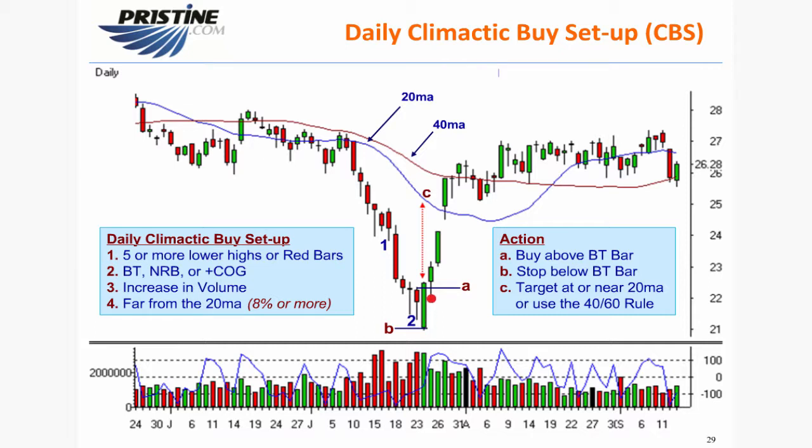But then on the next day, you could quickly move your stop up, or if you got in the following day here, you could use that bar's low as your stop. And then, of course, your target is going to be up in the area of that 20 period moving average, which we gapped up above the following day, which was very nice, and that would have allowed you to take a nice profit on that one.